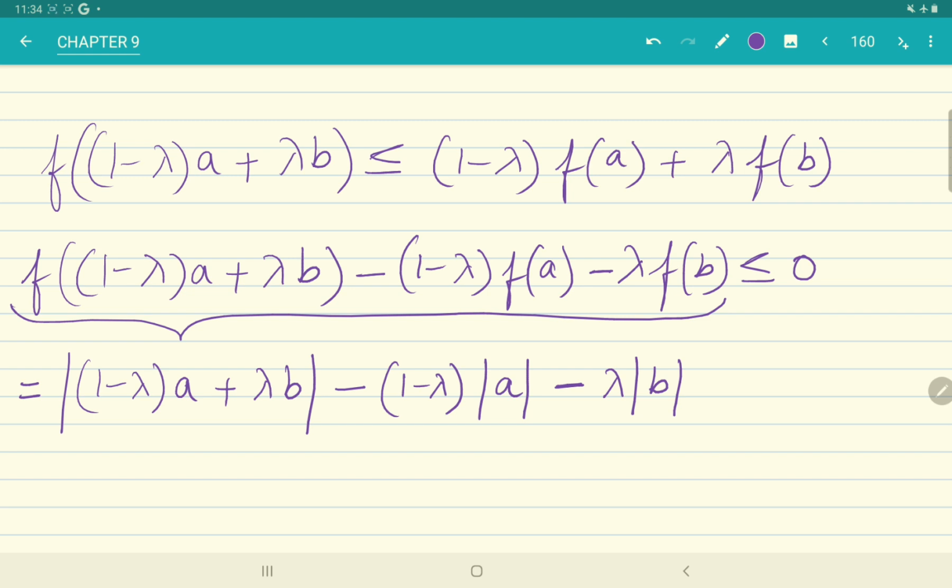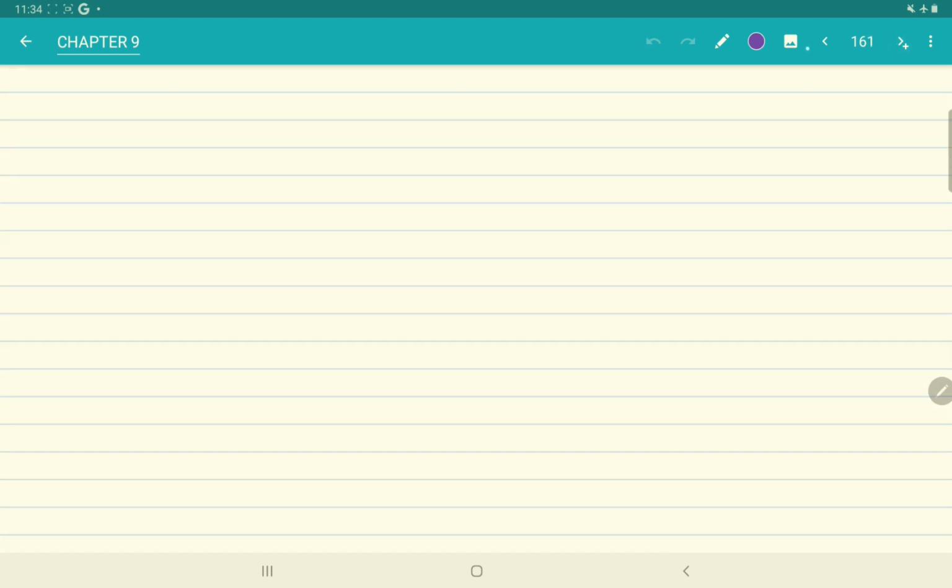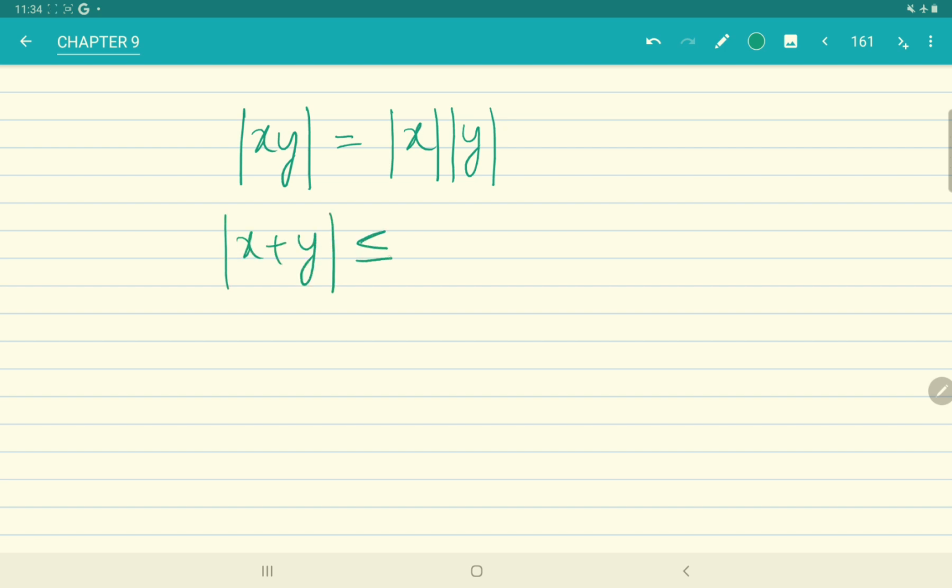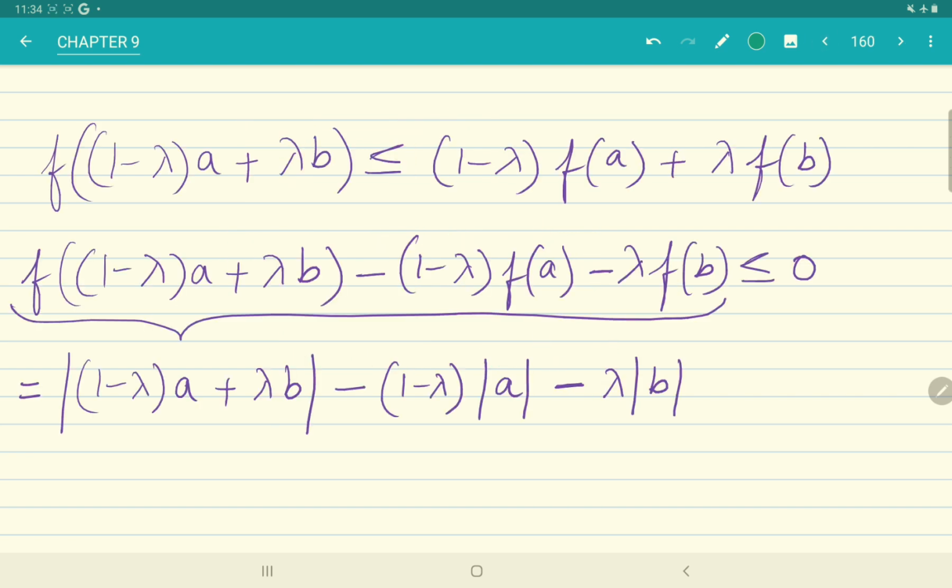Here, in general, as an aside, we have done this earlier also, that if we have absolute value of xy, that is exactly equal to this. Also, if you have x plus y, that is less than or equal to this plus this, and this is for all real numbers x and y.